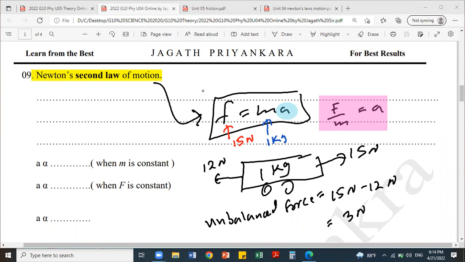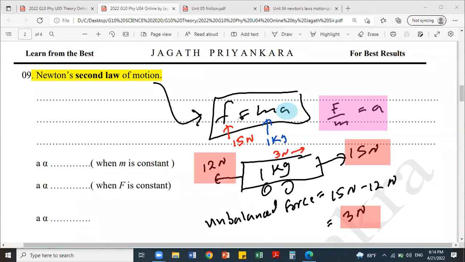The resultant force will be 3 Newton, because out of the 15 Newton, the 12 Newton gets cancelled. At the end only 3 Newton is left, toward this direction.